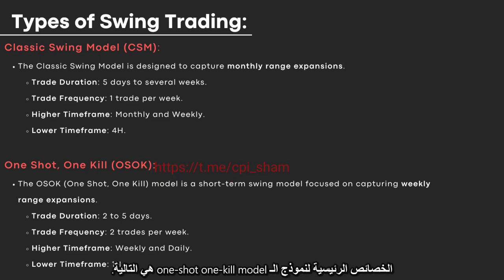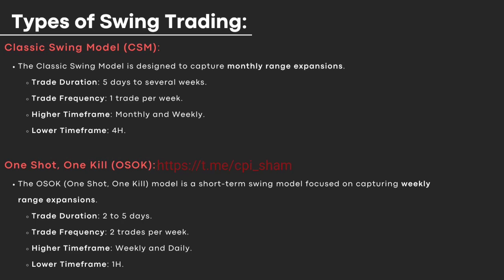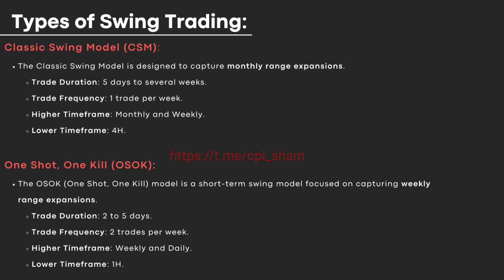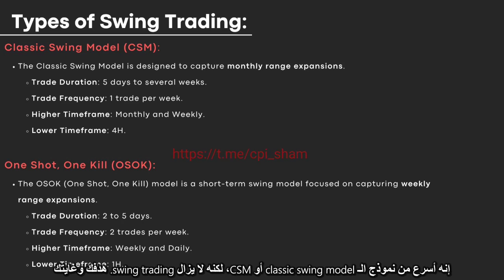The key characteristics of the one shot, one kill model are the following: trade duration. The trades for the one shot, one kill model last anywhere between 2 days to 5 days. It's quicker than the classic swing model or the CSM, but it's still swing trading.